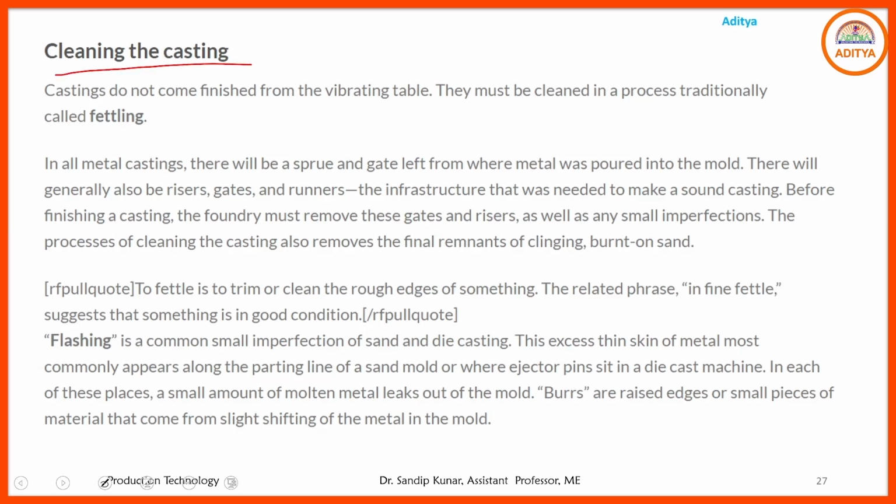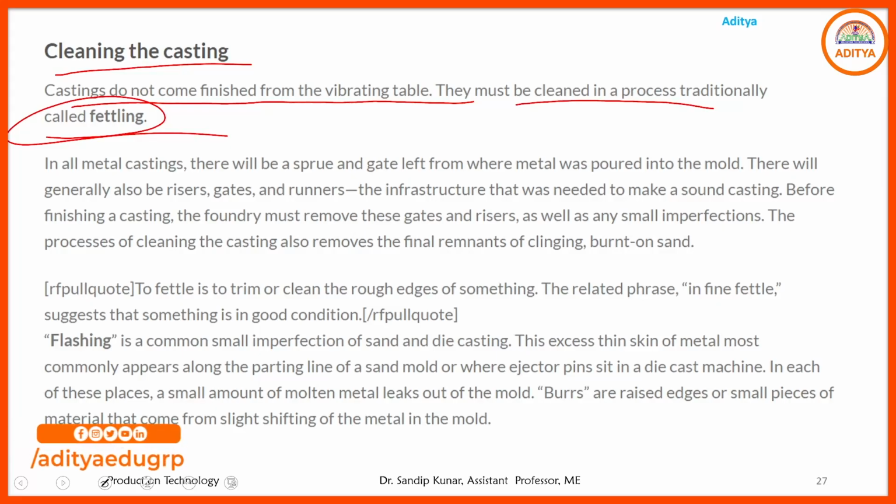Then we start the cleaning. Castings do not come finished from the vibrating table, they must be cleaned in a process traditionally called fettling. In that case we also remove the riser, runner, gate and sprue base.